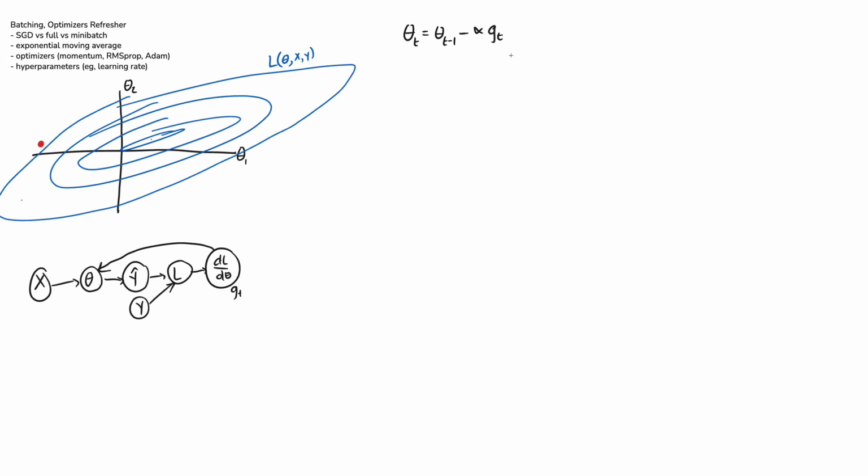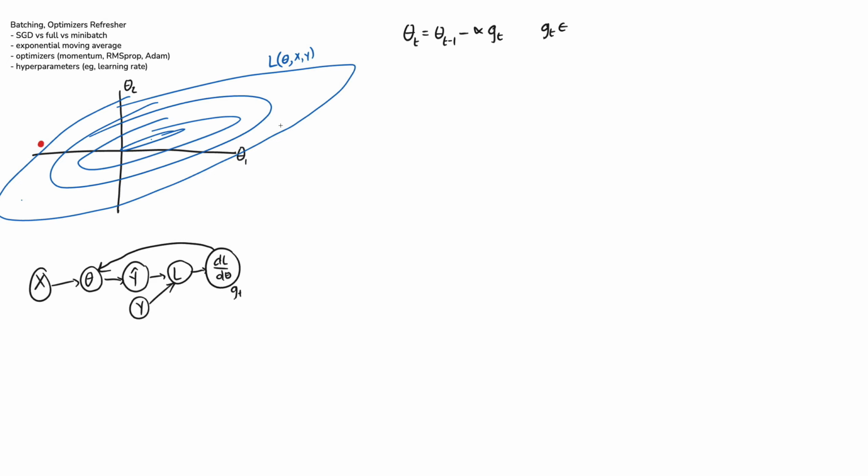It's important to recognize that g_t is a vector or some tensor or multi-dimensional data point that lives in the space of the parameters.